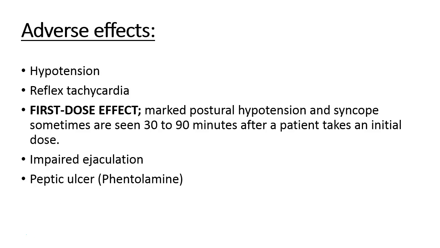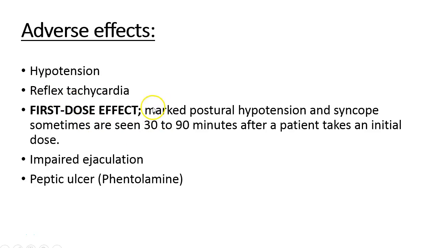So what adverse effects would you expect with alpha blockers? Alpha blockers can cause hypotension because they reduce the total peripheral resistance, resulting in compensatory reflex tachycardia. One interesting side effect you would see with alpha-1 blockers is the first dose effect or first dose phenomenon.